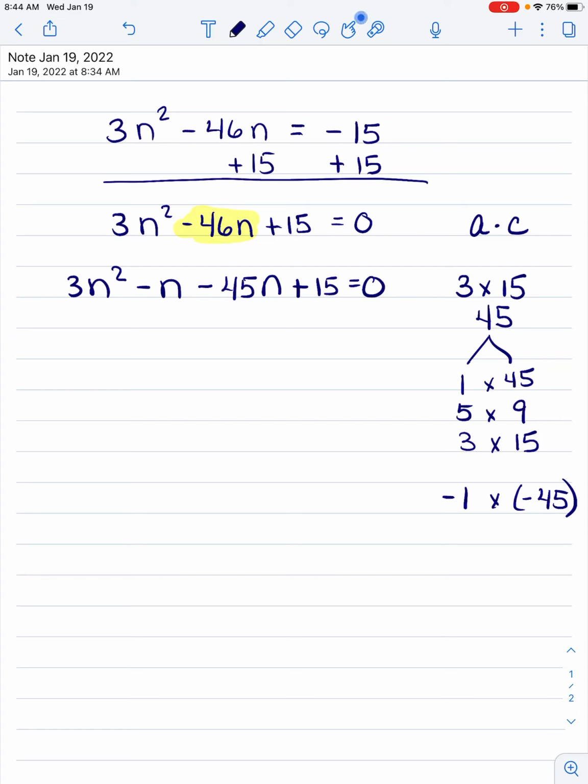Now what I'm going to do is I'm going to try to get two binomials from here. So I'm going to look at the first two terms, and I'm going to factor out the greatest common factor, which is going to be n. And when I factor out the n, it's going to give me n times 3n minus 1.